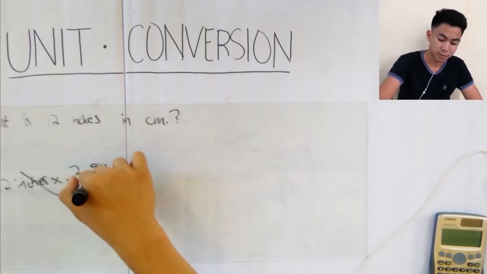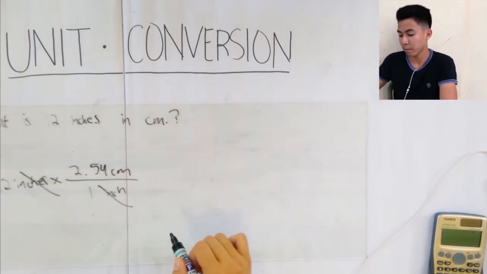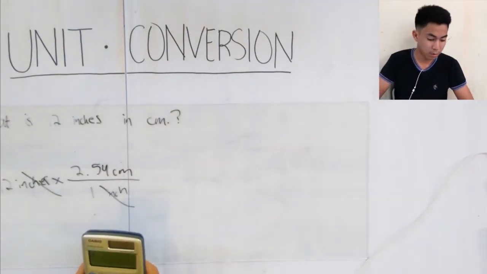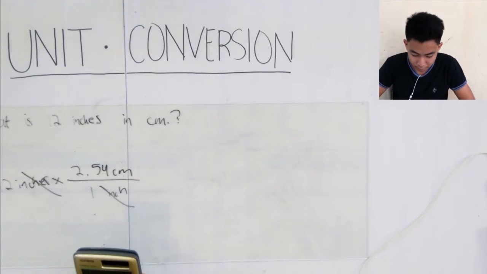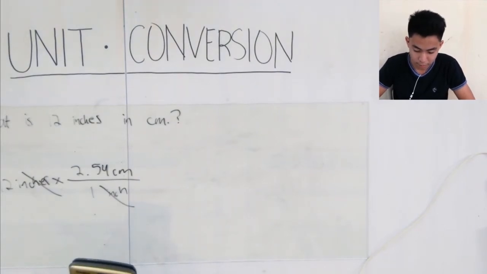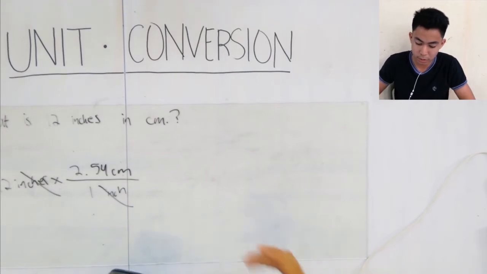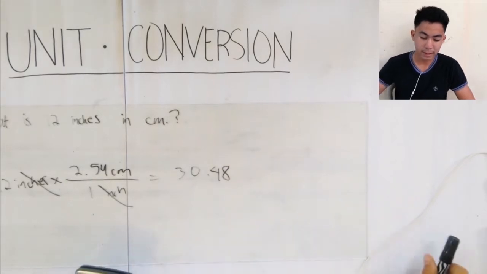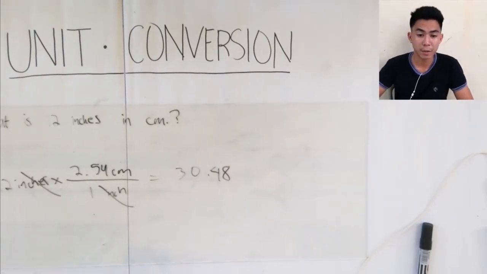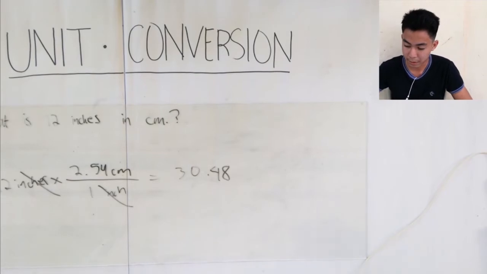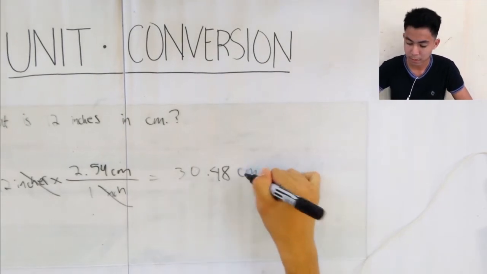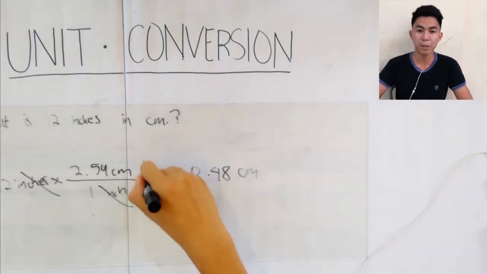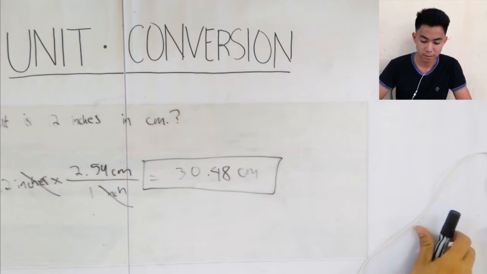Cancel out the inch, and 12 times 2.54 is equal to 30.48. Then the unit left in the equation is centimeter, so copy centimeter. So 12 inches in centimeters is equal to 30.48 centimeters.